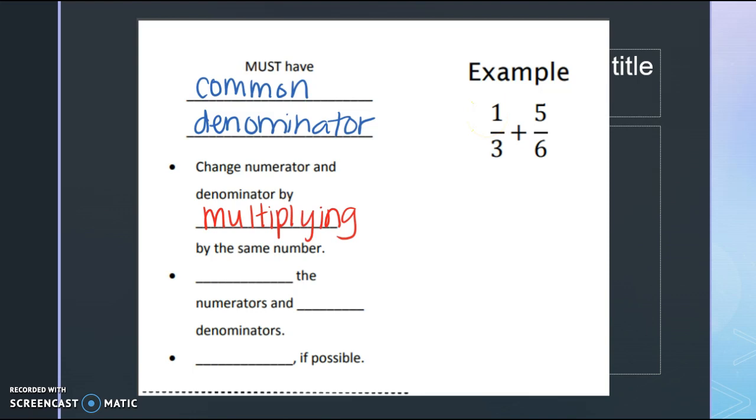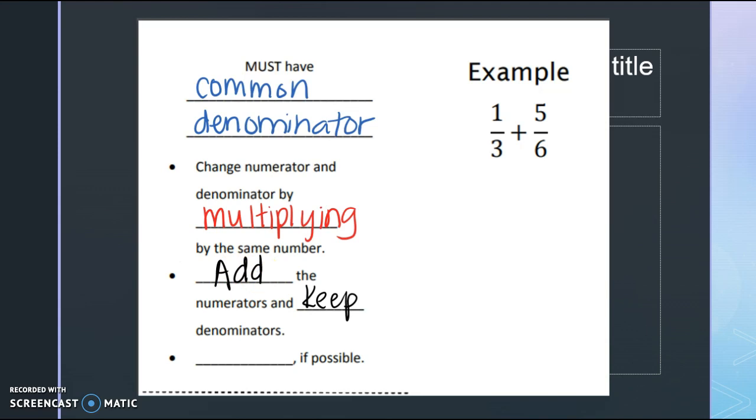So our next bullet point, it starts off with a blank here. We want to add the numerators, and we want to just keep denominators. So we're going to leave the denominators alone once we have that common denominator, and we're going to add our numerators together. And we're going to add that just straight across.